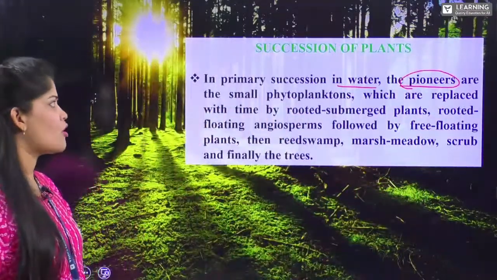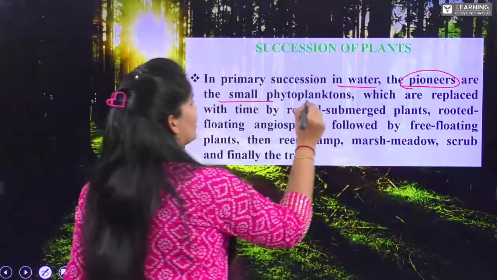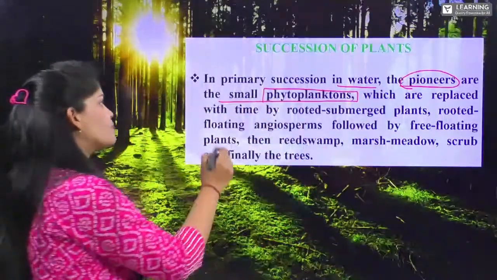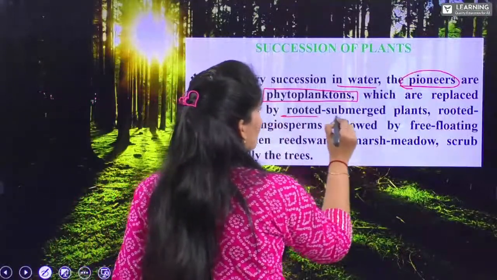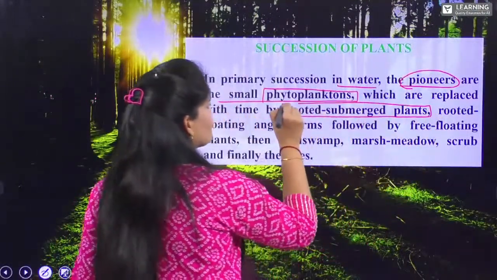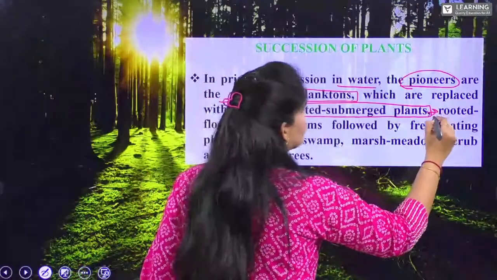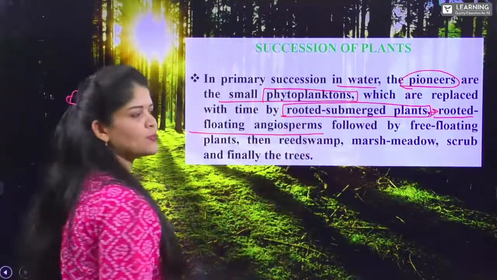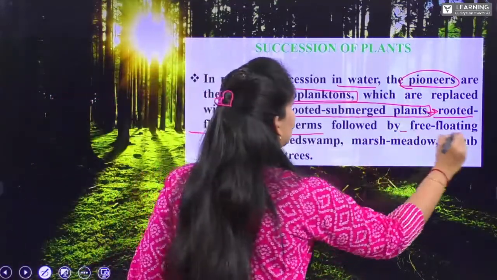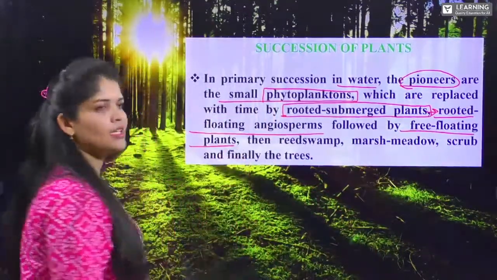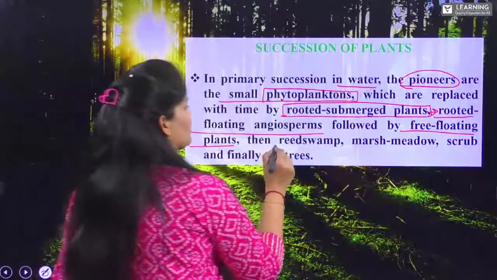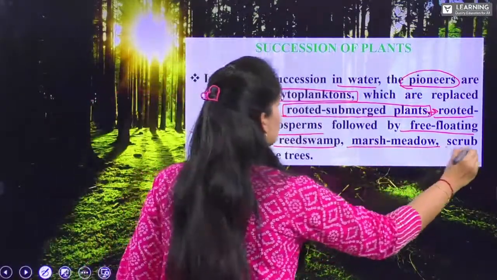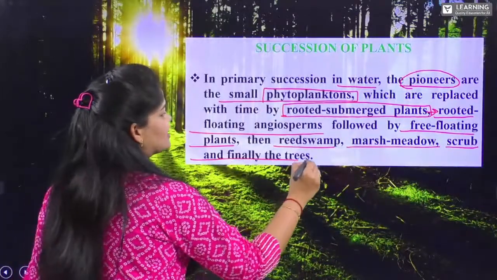Same way, in primary succession, in water, the pioneers are small phytoplanktons, which are replaced with time by first rooted submerged plants, then it succeeds towards rooted floating angiosperms, followed by the free floating plants. Then reed swamps, marsh meadows, scrub, and finally trees.